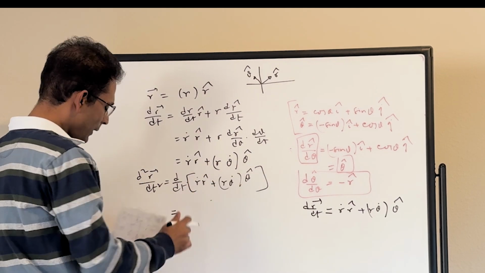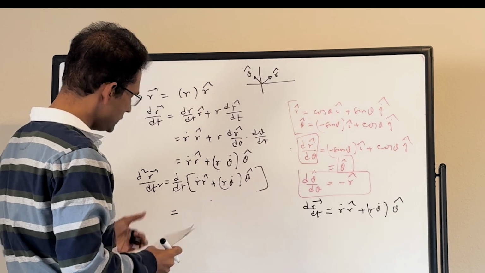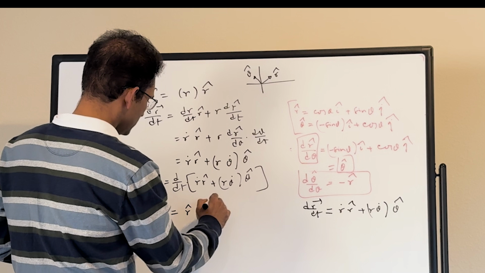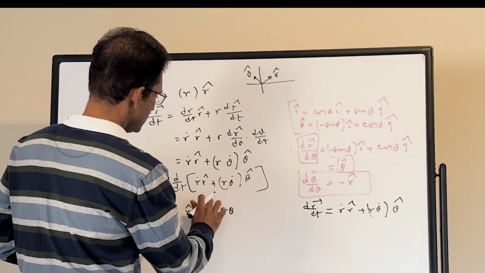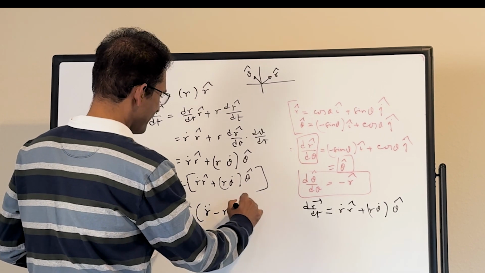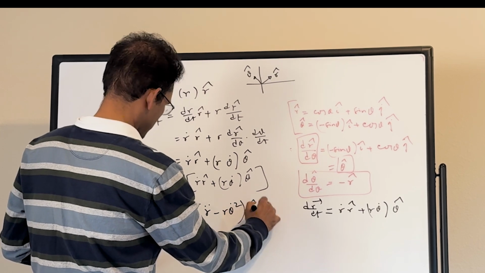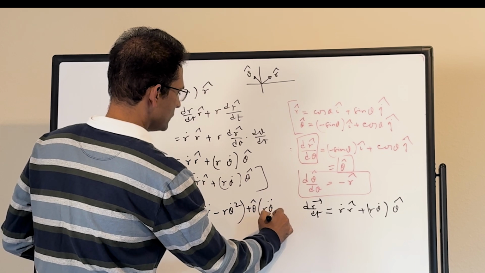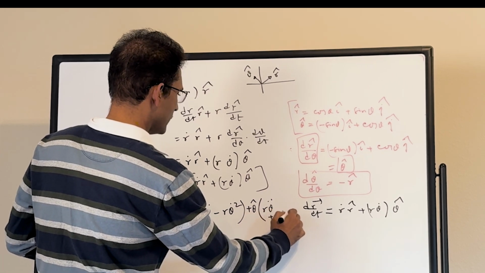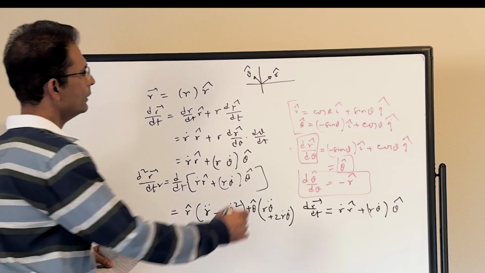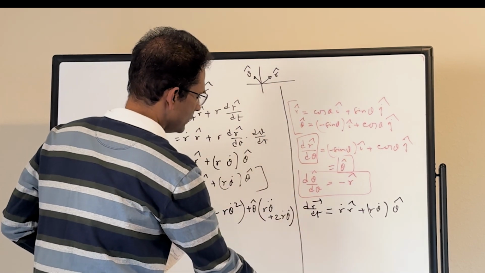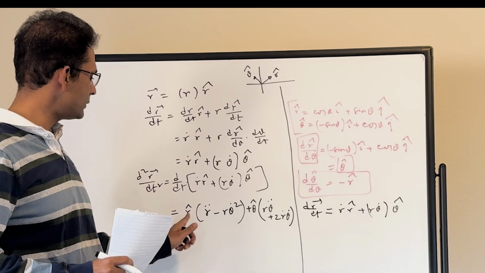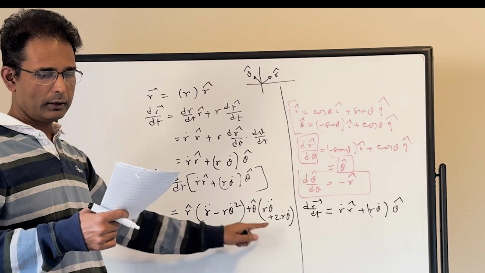So the final result is d2r dt squared, the acceleration, and that is equal to r hat times r double dot minus r theta dot squared, plus theta hat times r theta double dot plus 2 r dot theta dot. Maybe I should put a line here. Makes sense? So this is the r hat component, this is the theta hat component.